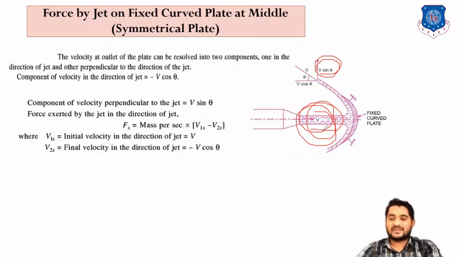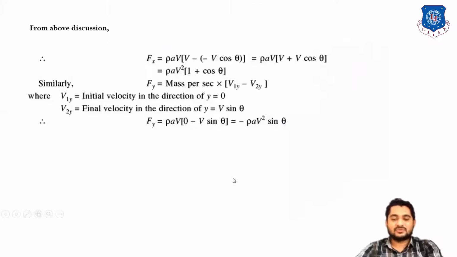So v1y is equal to 0 and v2y is equal to plus v sin theta, right? So let us put this value. That means Fy is equal to mass flow rate rho A V times (0 minus v sin theta), that means minus rho A V square sin theta. So that is it for the symmetrical blade which is curved and jet impacts on center, right?